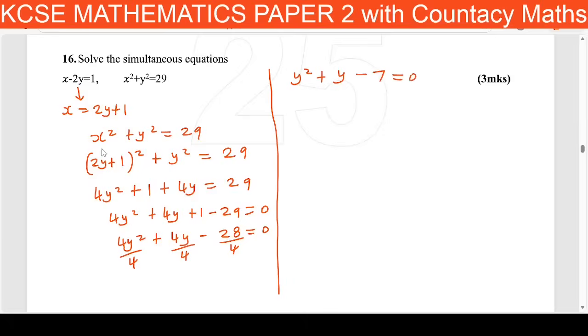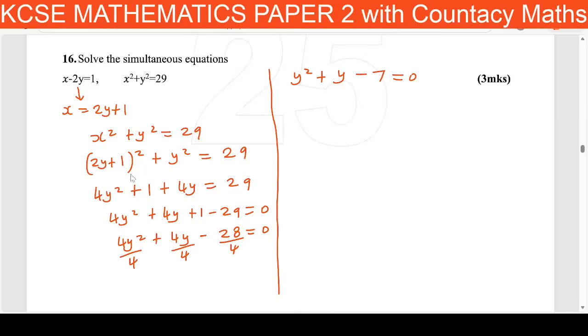It's always good to ensure that you confirm correctly that everything is well set. Remember that we said that we take 2y to the other side to have x equal to 2y plus 1, such that in our initial equation, x squared plus y squared is equal to 29, we replace x with this value, 2y plus 1. And then we open the brackets by doing 2y. We square that to have 4y squared.